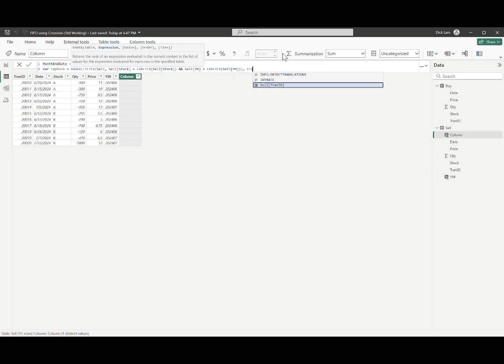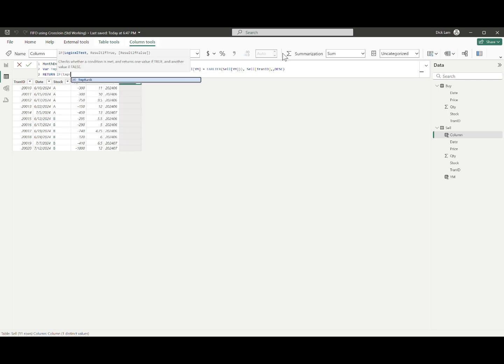Then I sort on the Tran ID in descending order. If so, the ranking that is assigned 1 should be the largest transaction ID for the particular stock and the particular year month. All right. Then I return, if the temp rank equals 1, that means we are in the last transaction ID for the particular stock and particular year month. I need to find out the month and day, the last day of the month, and assign it to this column. Okay, let me see, date.